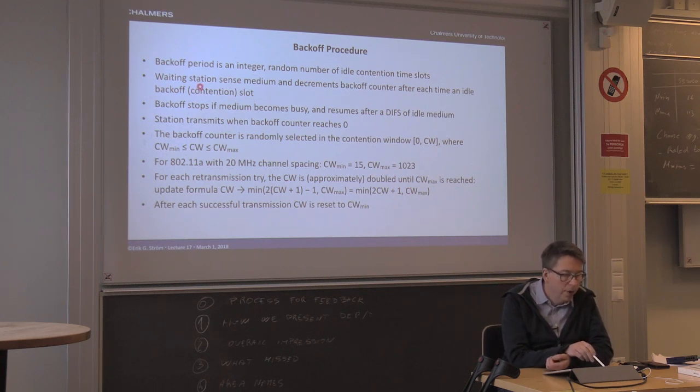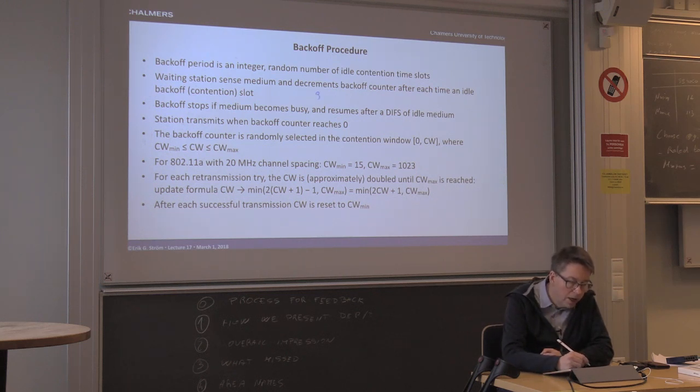A station which is in back-off senses the medium, and then it reduces its back-off counter by 1 every time an idle slot has passed. So suppose the back-off counter is 3, then we wait for 1 slot, and if the channel is idle over this slot, it then becomes 2. And then after 1 slot, it becomes 1. And then after 1 slot, it becomes 0. The transitions are 3 to 2, 2 to 1, 1 to 0.